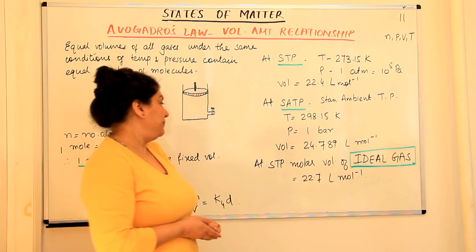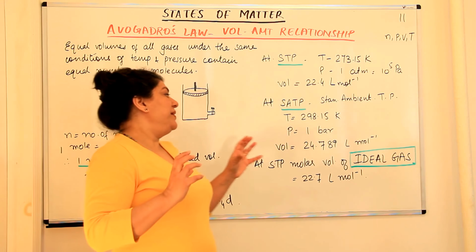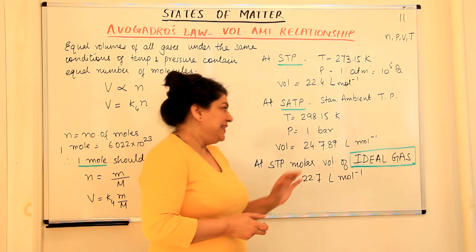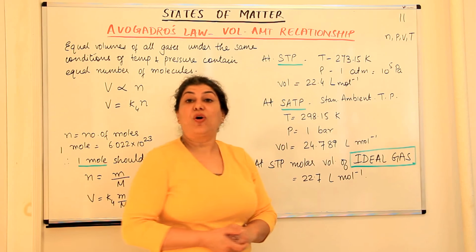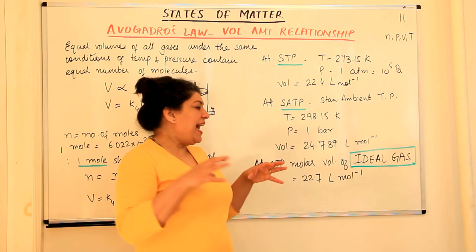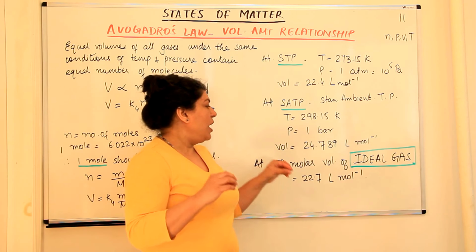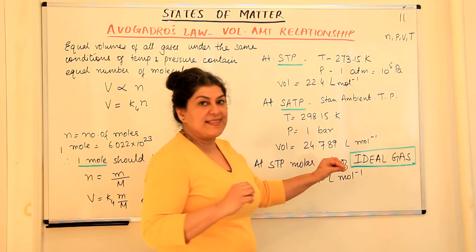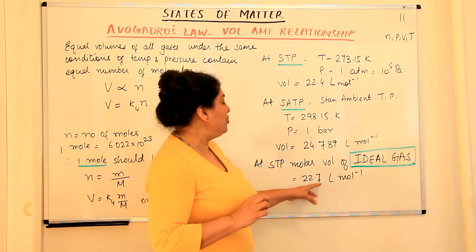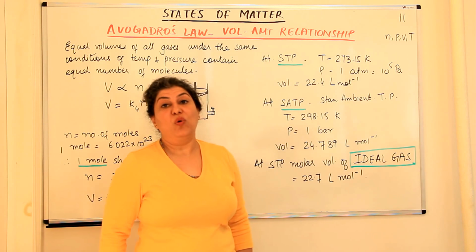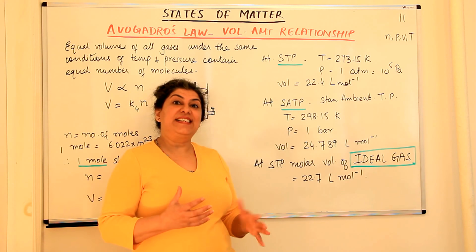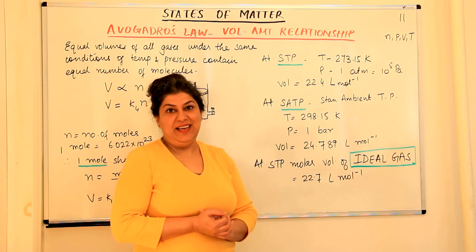Now there is another problem, I'm now introducing the concept of ideal gas. At STP, the volume of an ideal gas should be equal to 22.7 liters per mole. But gases are not ideal.